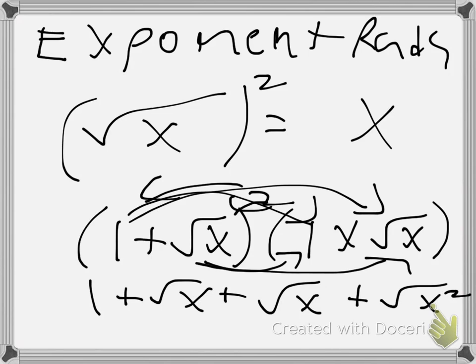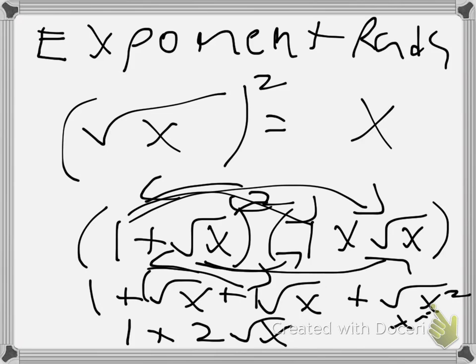So when I combine my like terms and simplify this, what I'm going to find is that I have a 1 plus now 2 square roots of x, and this can be simplified to bring out x, so now I have plus x. That right there is how you simplify a radical expression when taken to a power.